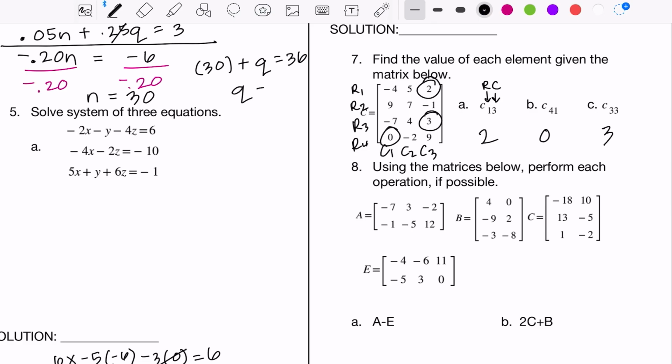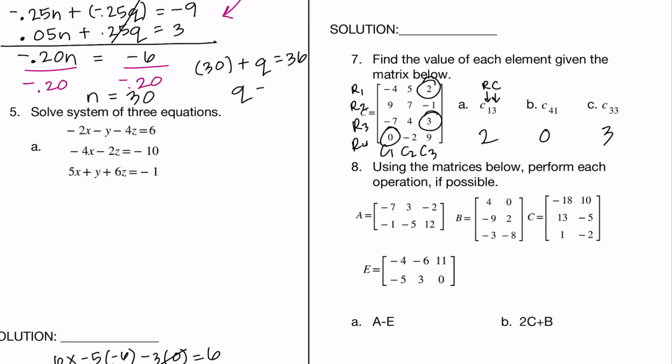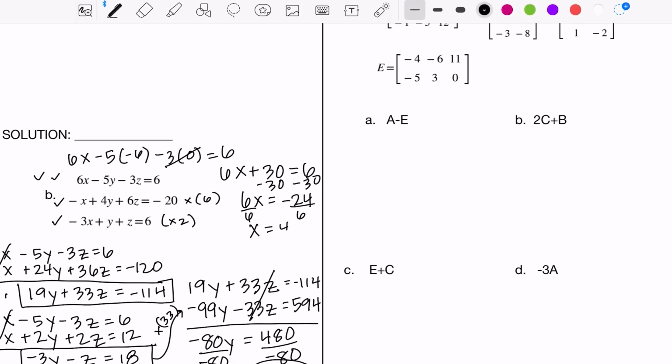Now I'm going to tell you about the work that you're expected to show on the exam. So make sure you pay attention to this because you won't get all the points if you don't do it this way. So it's A minus E. So we're going to copy A, minus E. And then my trick for subtraction has always been change it to addition, and then you just have to change all the signs of everything.